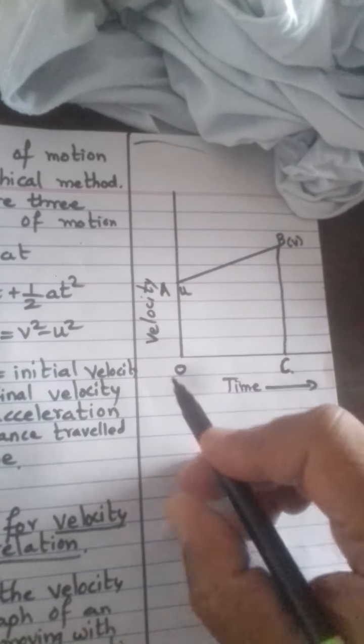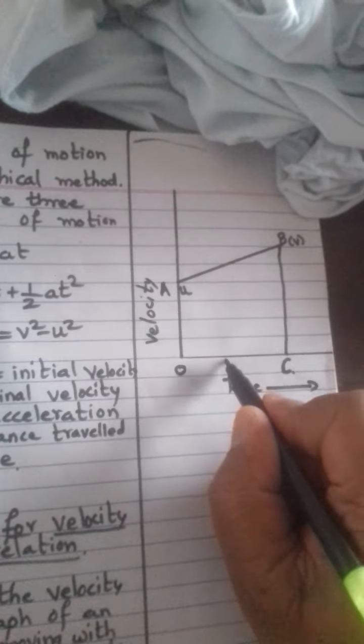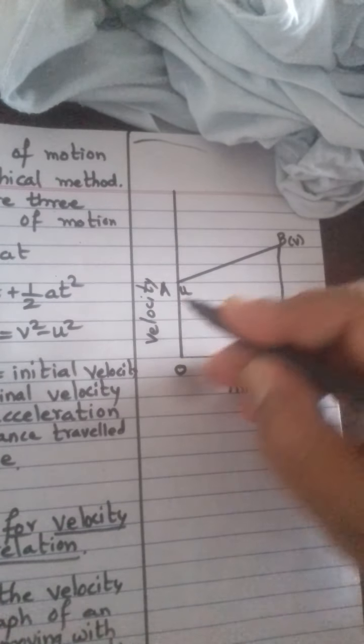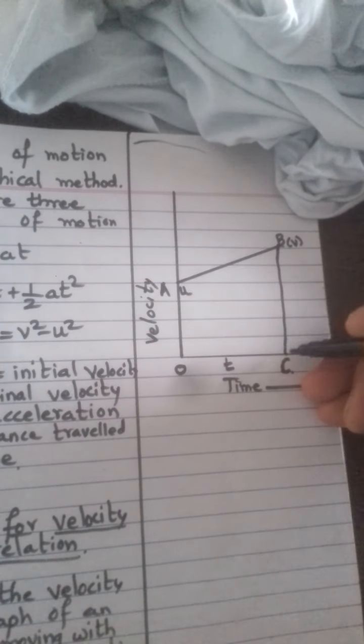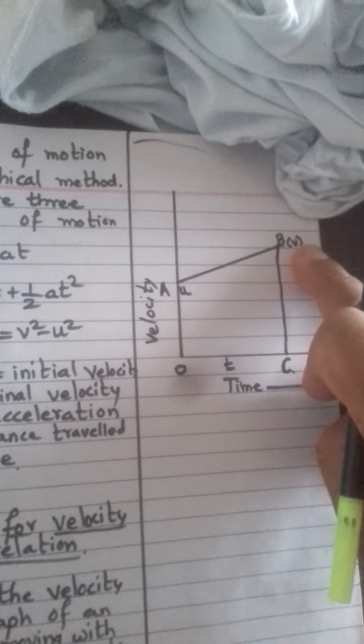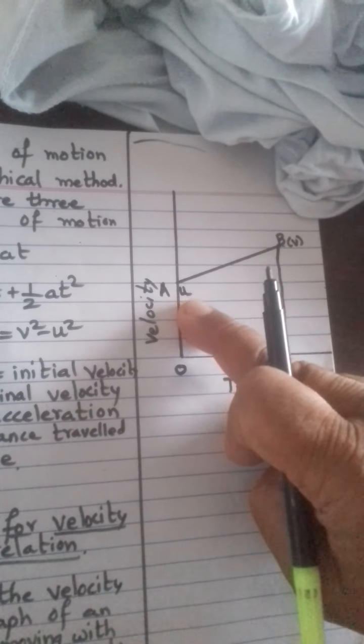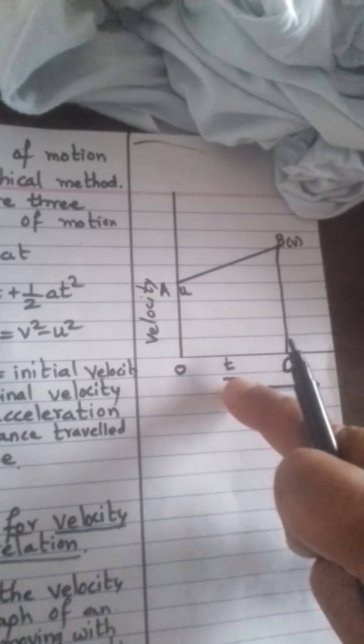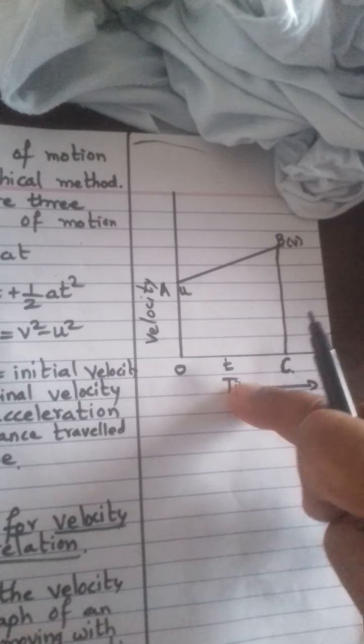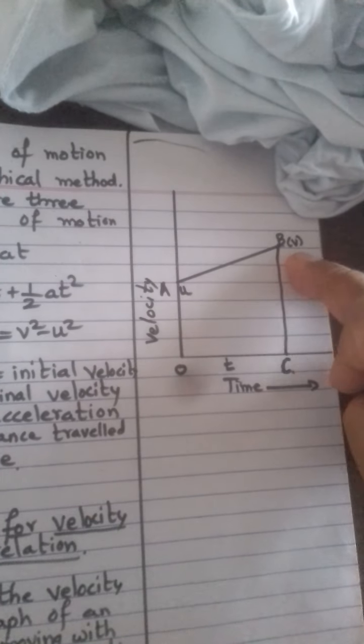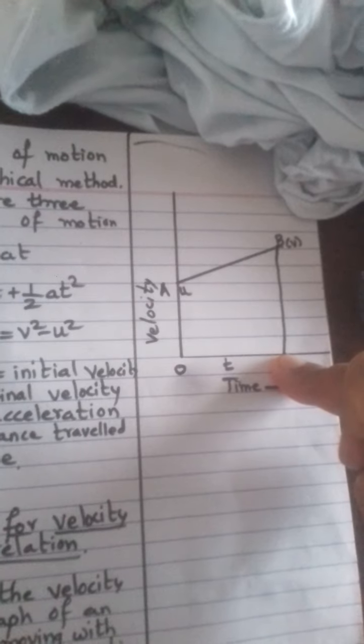So in a time interval of say t seconds, so OC is equal to t, its velocity reaches v. Initially it was traveling with u, and in a time interval of t seconds, its velocity has become v, and v is represented by BC.